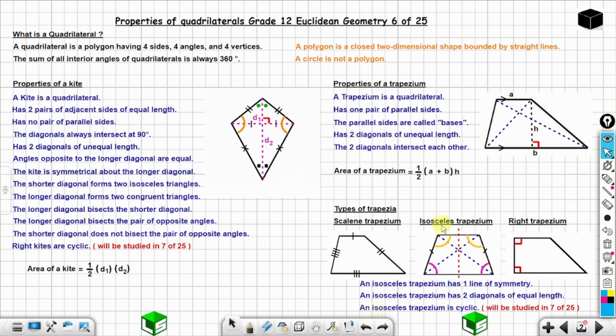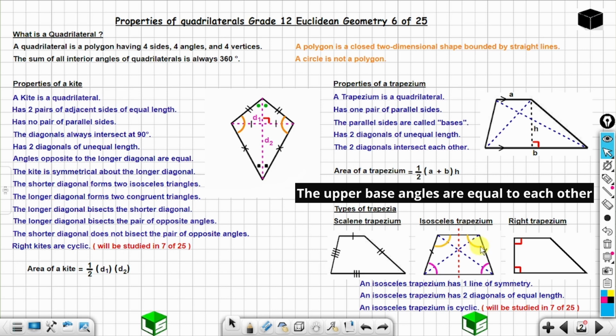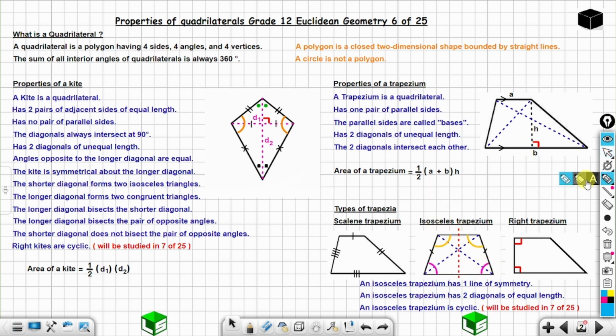And another thing that you need to know about an isosceles trapezium, the base angles. The upper base angles are equal to each other, and the lower base angles are equal to each other. Can you see this side is parallel to this side? Now you have your U shape. Remember, the U shape, co-interior angles. So this angle plus this angle must be 180 degrees because this side is parallel to this side.